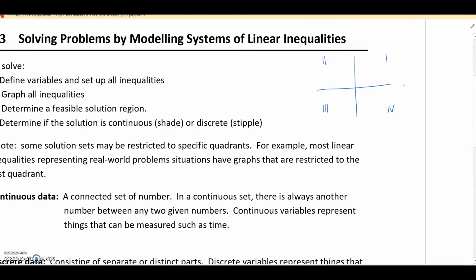Although when we're graphing a non-real world function, we could graph through any of these quadrants, when it's a real world situation, usually it only occurs in that very first quadrant.